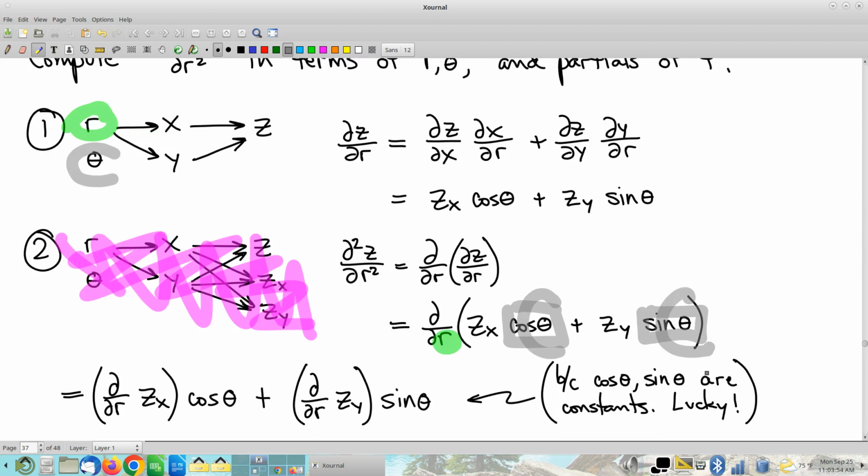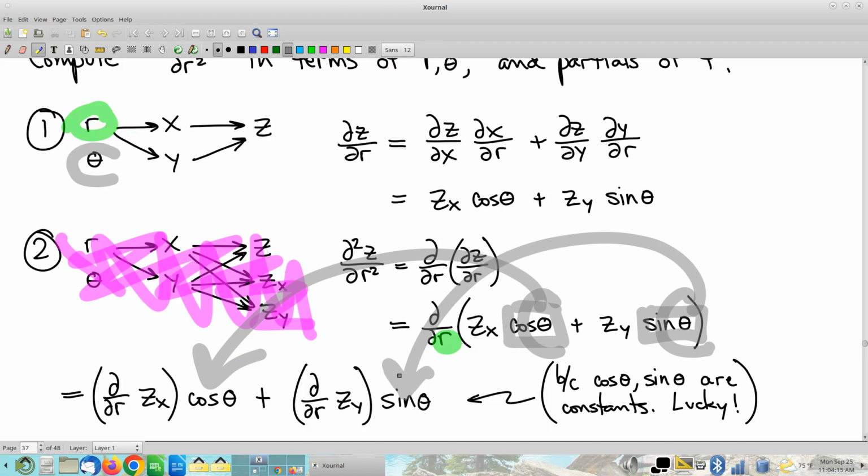And a convenient fact about constant factors, of course, is that they factor right out of a derivative. How are we doing so far? Everybody with me? Okay. Slowly and carefully.